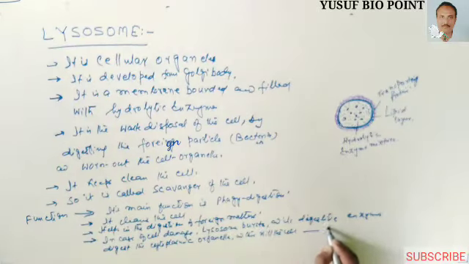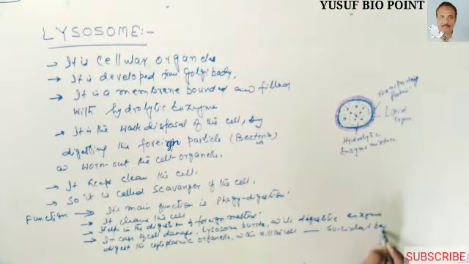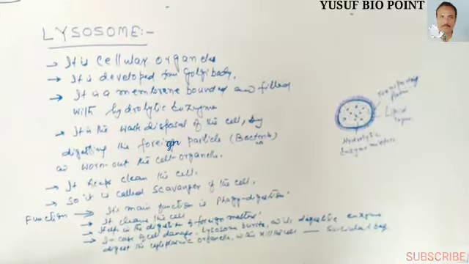So it is called suicidal bag. It is usually asked why the lysosome is called suicidal bag. Because lysosome contains so many hydrolytic enzymes, that is digestive enzymes. When it bursts in the cell, it digests all the cytoplasmic organelles, and that's why it kills the cell. So it is also called suicidal bag.